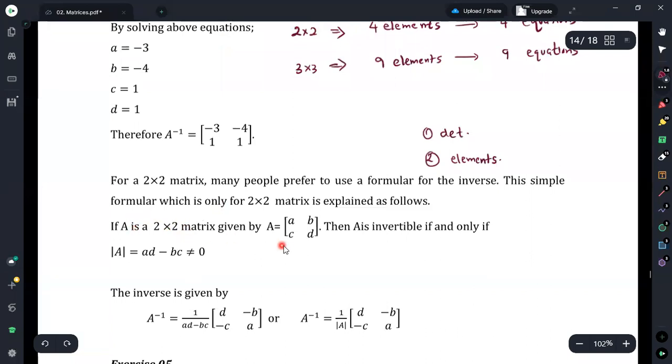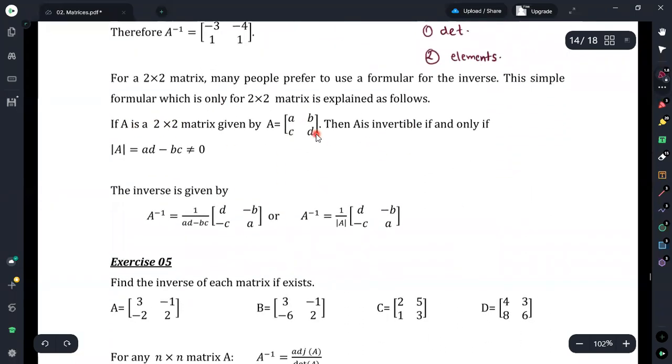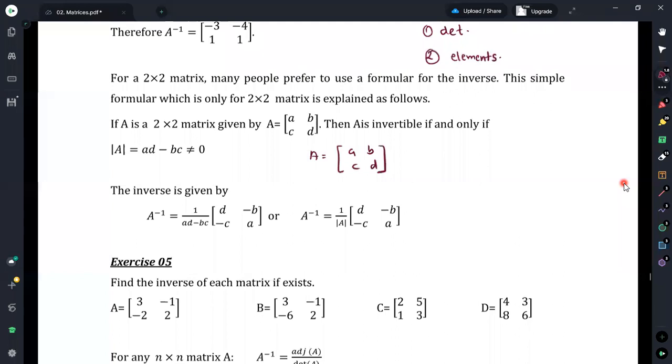Suppose this is the matrix A with elements A, B, C, and D, and we want to take the inverse. As the first thing, we have to take the determinant. This can be obtained by taking the difference of the products of the diagonal elements, so it is equal to AD minus BC. Then this can be written out.